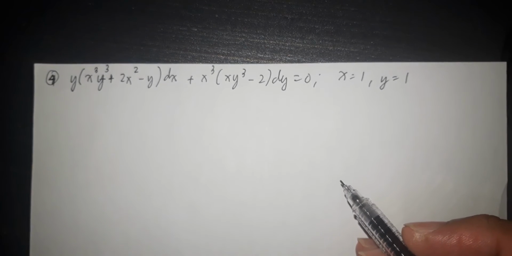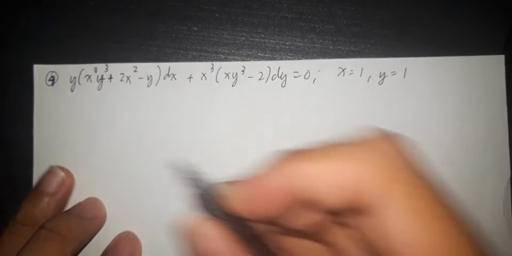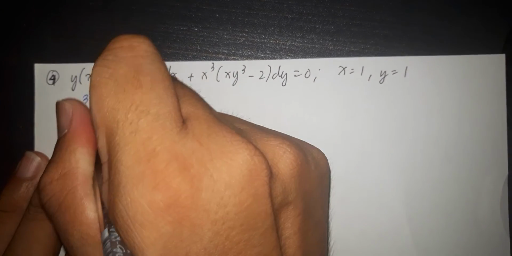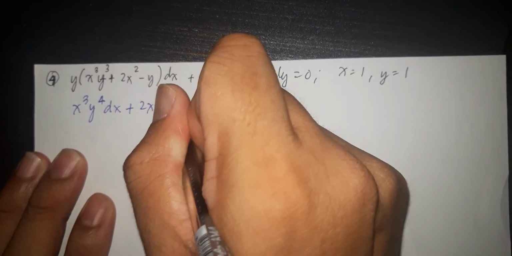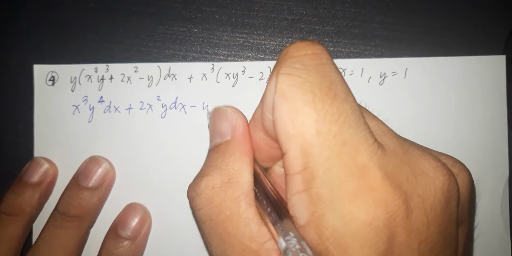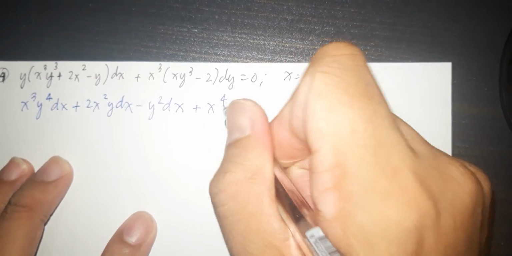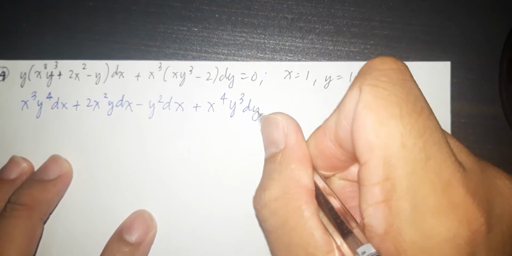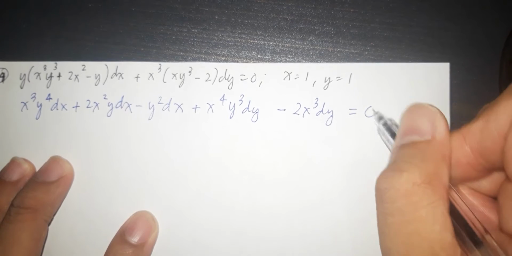So again, to get the integrating factor, we first need to distribute everything. So it becomes x cubed y to the 4th dx plus 2x squared y dx, distributing y in each term, minus y squared dx plus x to the 4th y cubed dy minus 2x cubed dy is equal to 0.